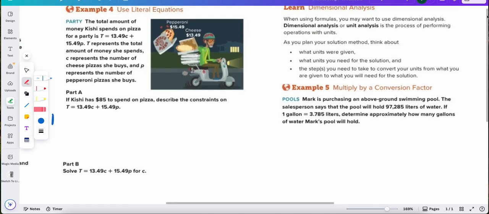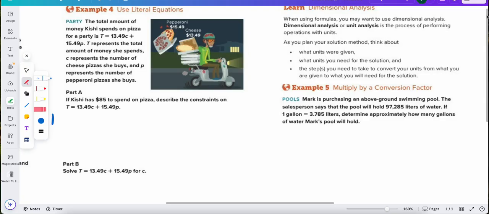So it says the total amount of money Keisha spends on pizza for a party is T equals $13.49 times C plus $15.49 times P. T represents the total cost of the money she spent. C represents the number of cheese pizzas she buys, and P represents the number of pepperoni pizzas she buys. If Keisha has, say, $85 to spend on pizza, describe the constraints on this equation.